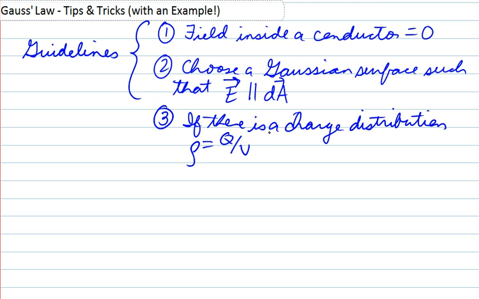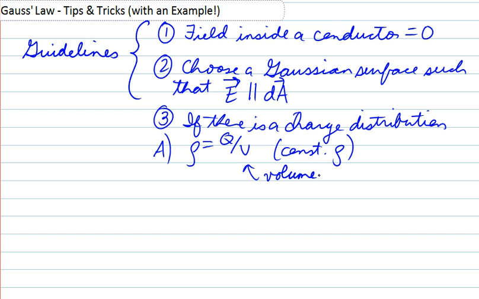If we have a constant distribution of charge, rho equals Q over V, so this is a constant density. And this is a volumetric charge density. It's charge divided by volume. So be very careful. This is not voltage or anything like that. This is going to be volume.